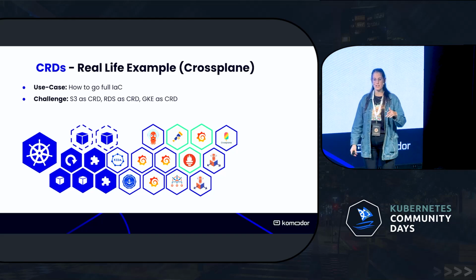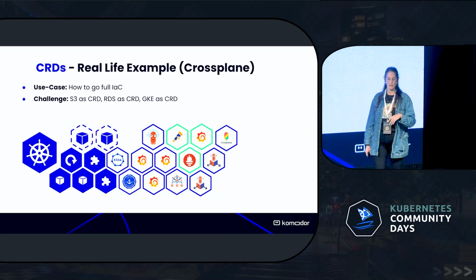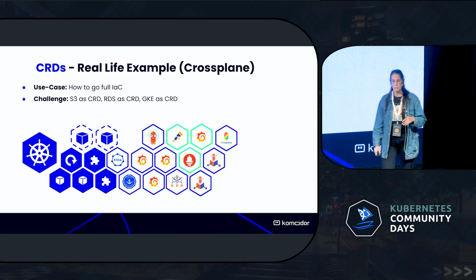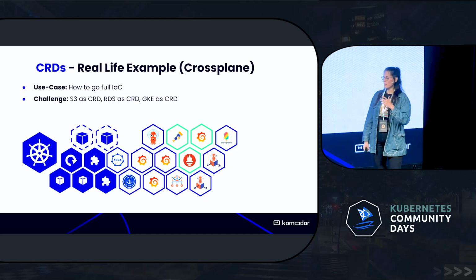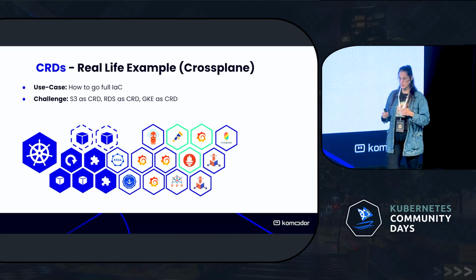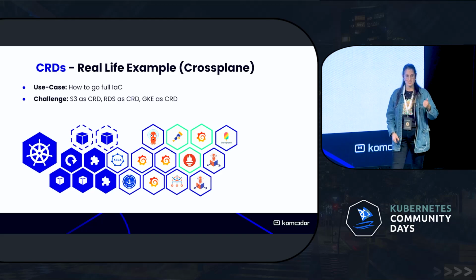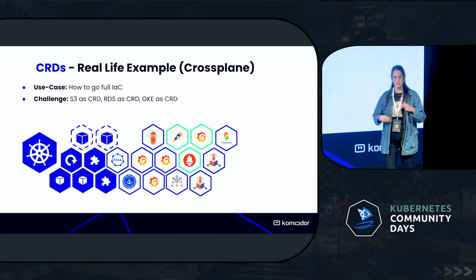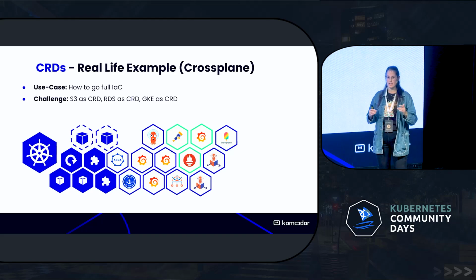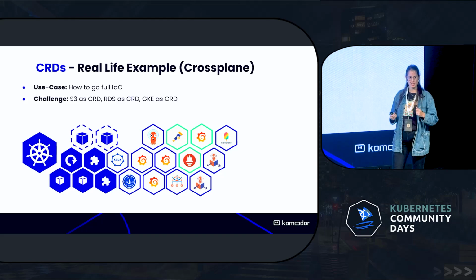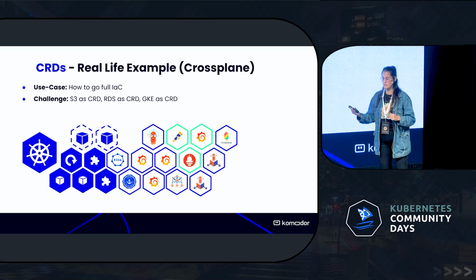Now, CRDs are actually a key component of Crossplane's architecture because they allow us to create custom resources that represent infrastructure resources like databases, load balancers, VMs, and so on. And they all can be managed and provisioned using Crossplane.